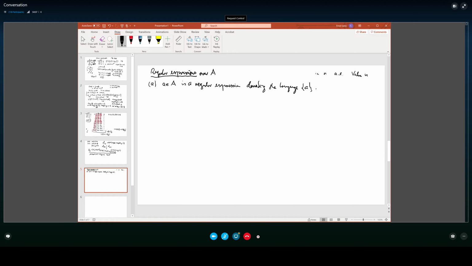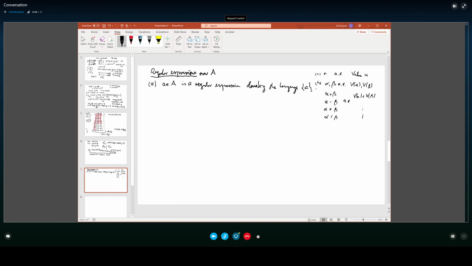And then the inductive step would be if you have alpha and beta arithmetic expressions with values v alpha and v beta, then alpha plus beta, alpha minus beta, alpha times beta, and alpha divided by beta are also arithmetic expressions denoting the values v alpha plus v beta, and so on and so forth.